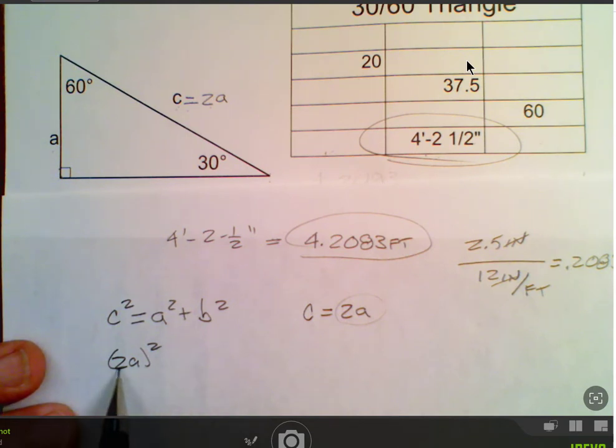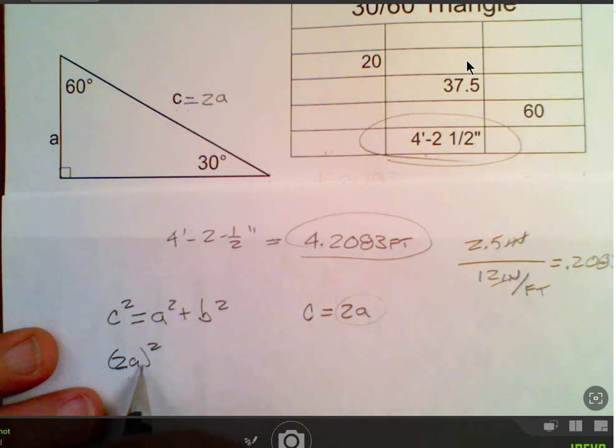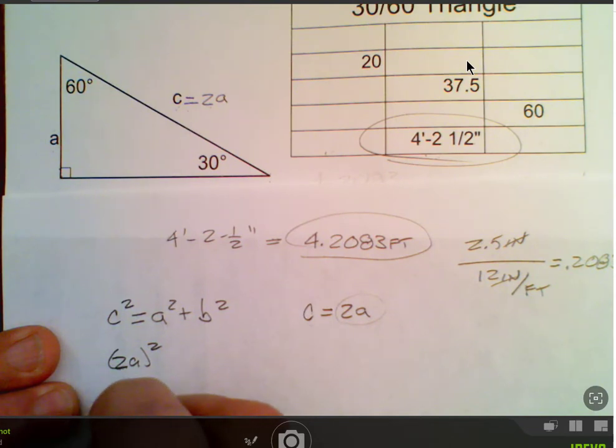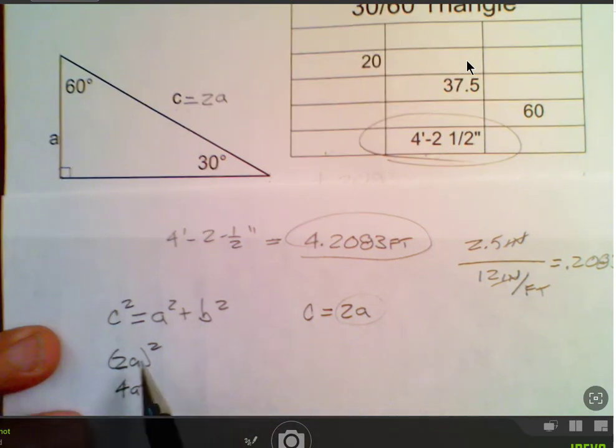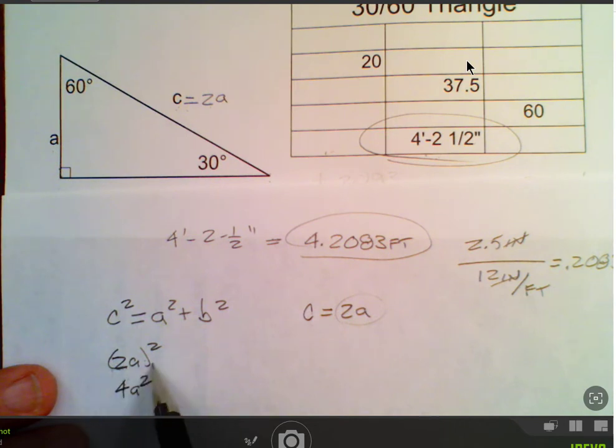The difference being that that 2 has to also be squared in order to come up with the value. So the value in this case, when you do that, is 2 squared, which is 4, times A squared. So that is the equivalent of this. Put down the parentheses so you don't mistakenly think that this would result in 2A squared as opposed to 4A squared.